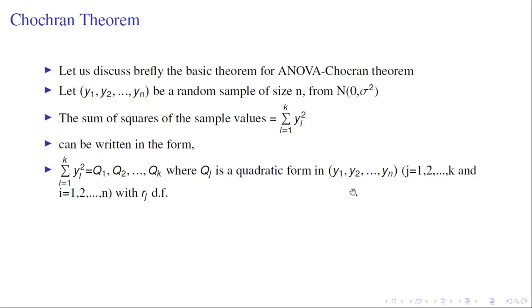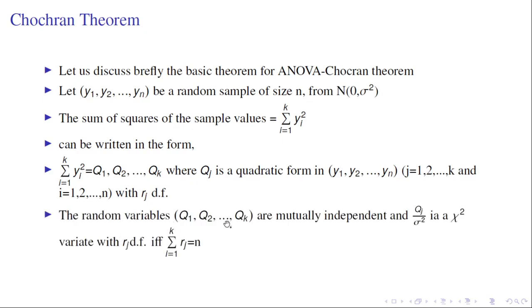The quadratic forms q1, q2, ..., qk are mutually independent, and qj by sigma square is a chi-square variate with rj degrees of freedom, and summation j equal to 1 to k rj must be equal to n.